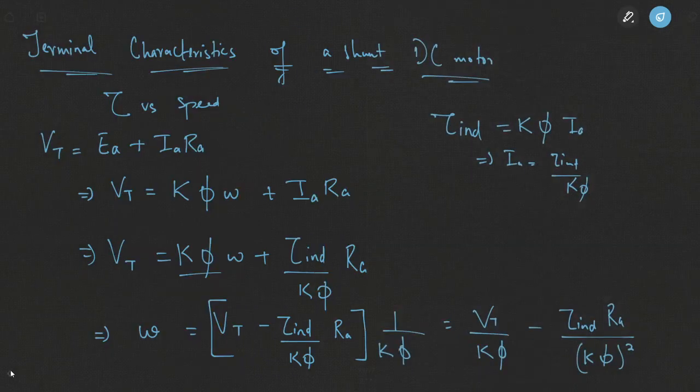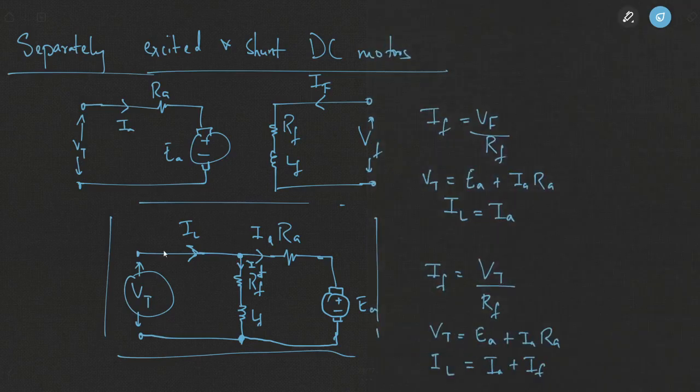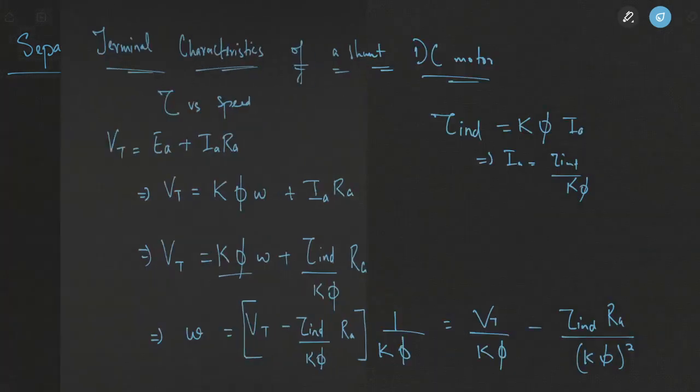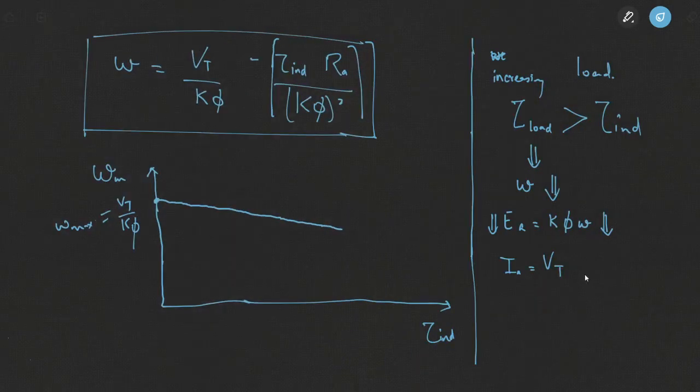Looking at the equivalent circuit of this DC shunt motor, if VT is equal to EA plus IA RA, IA will be equal to VT minus EA divided by RA. Now EA is decreasing. So if EA is decreasing, VT minus EA will increase. That means IA will increase.